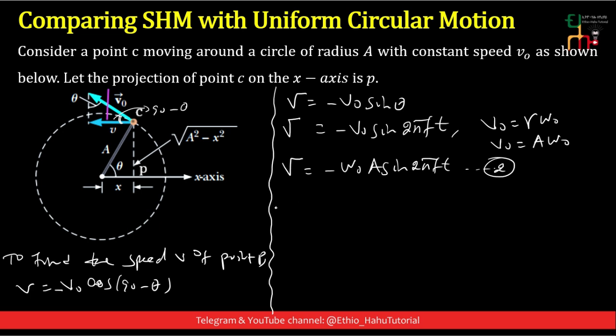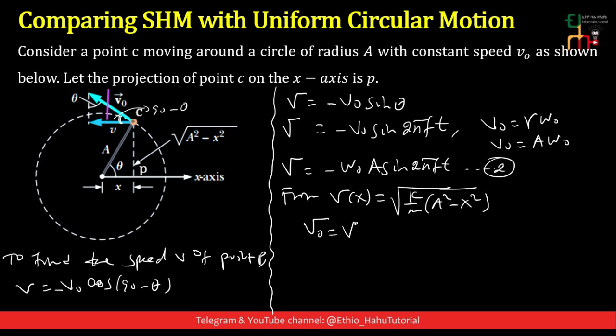To find that, let's consider this. v at any position x is equal to the square root of k over m times A squared minus x squared. v naught is equal to the velocity at x equals 0, which is the square root of k over m times A, because when x is equal to 0, this goes to 0. The square root of A squared is A, so it is A times the square root of k over m. Now let's find the period of revolution of point C.